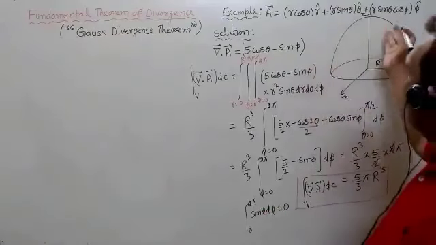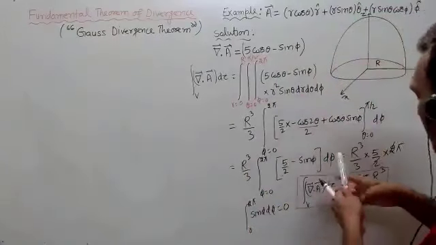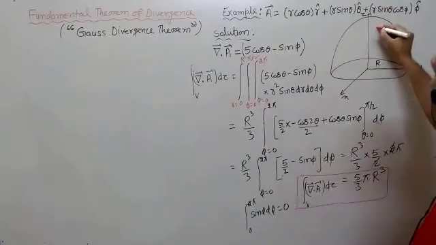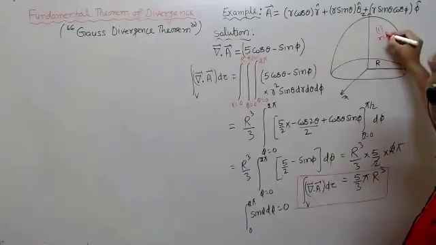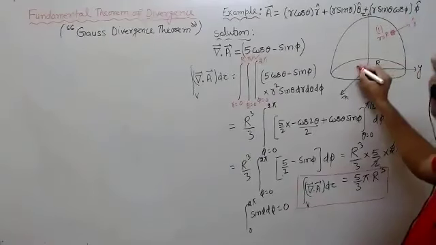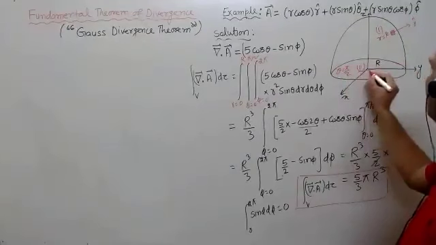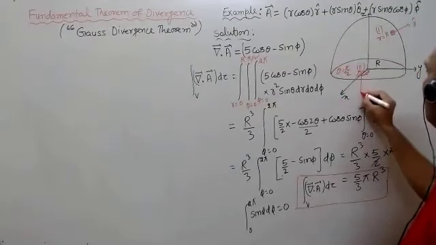Now this volume is surrounded by two surfaces, the spherical part and the lower circular part. So surface 1 is r equal to R. What will be dA on this surface? This is r cap. And what is surface 2? The theta equal to pi by 2 plane. We have discussed dA on these two surfaces.